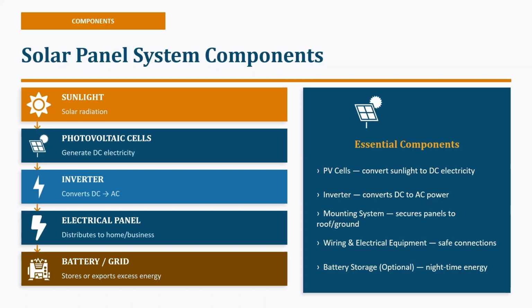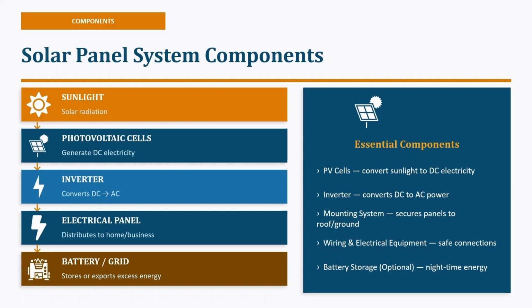So if you want to set up a solar panel system that will generate electricity for you, these are the components that you need. You would need some solar radiation, which of course comes from the sun. Once you are in Ghana, everywhere there is sunshine. Then you need your photovoltaic cell, which is basically the solar panel, which will generate the DC electricity.